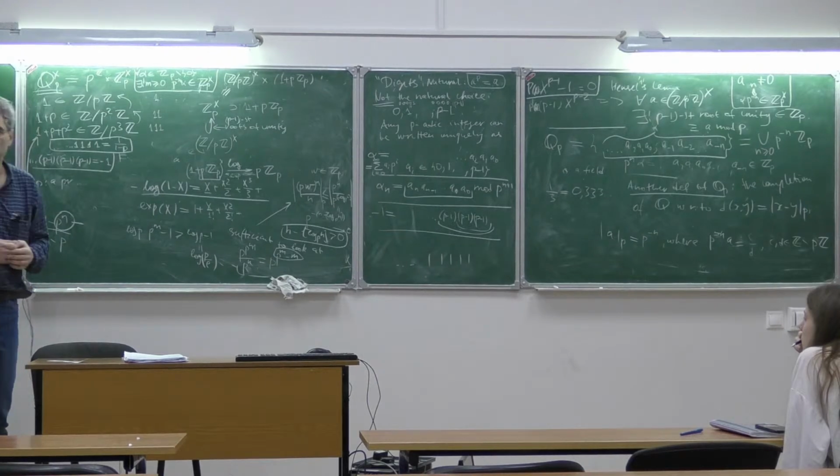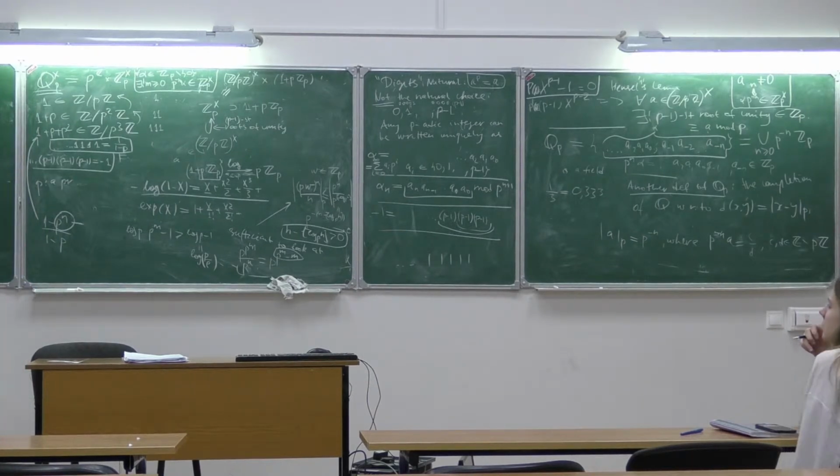Wait, I still have a question. What I would do is write the norm as p to the minus n minus something that is the evaluation of w to the n, plus the normal evaluation of n, which is less or equal than the logarithm of n.